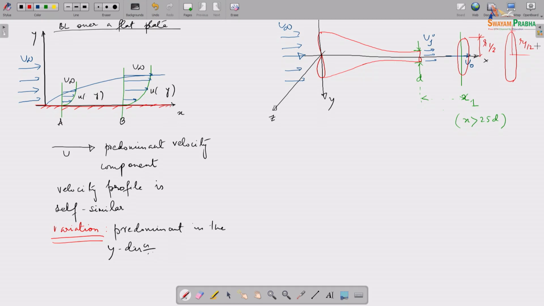You could compare that with the boundary layer thickness, which is also dependent on x. So r half is also dependent on x. Those are the similarities that we see between the round jet and the boundary layer over a flat plate.